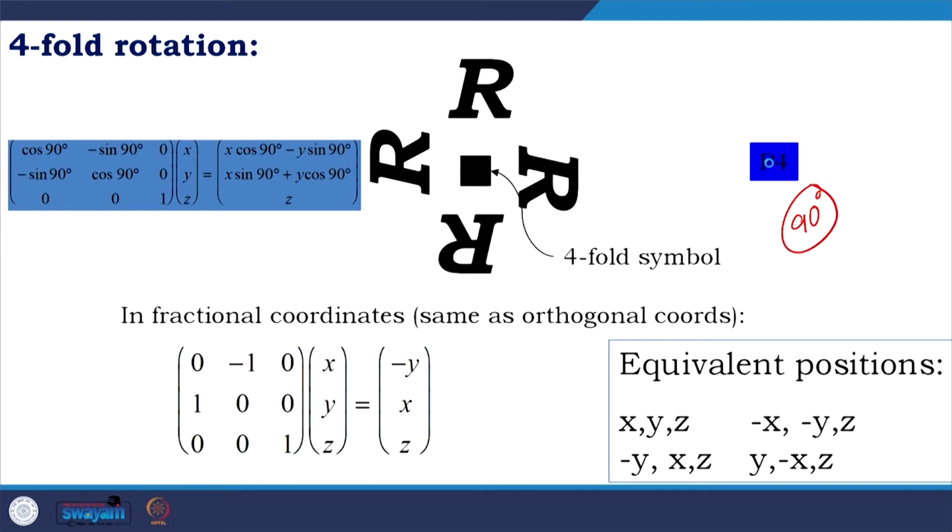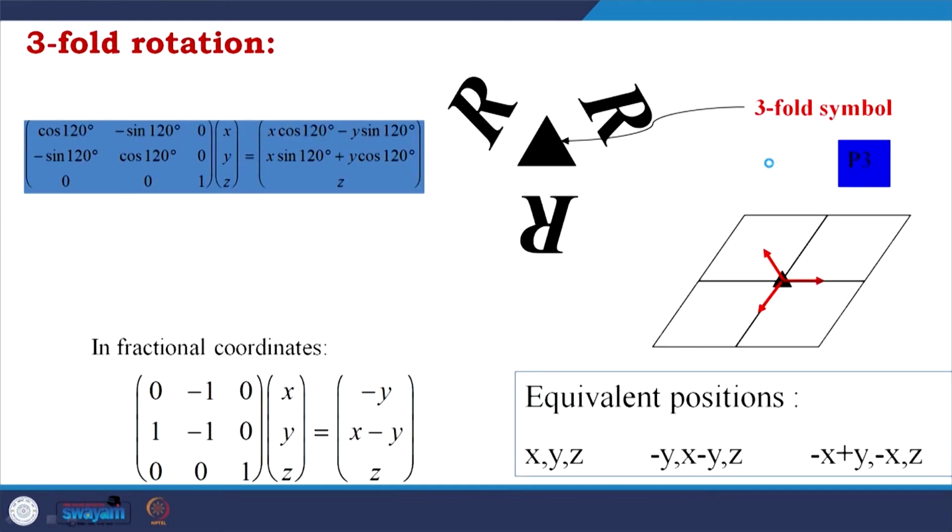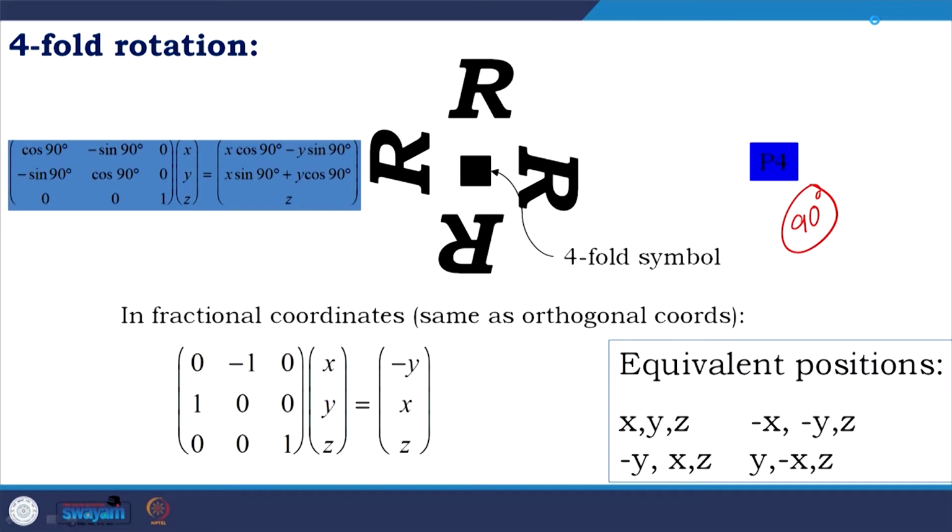When it was three-fold, it was 120 degrees. I did not talk about it, but if it is six-fold, then it is 60 degrees like a hexagonal or a benzene ring.